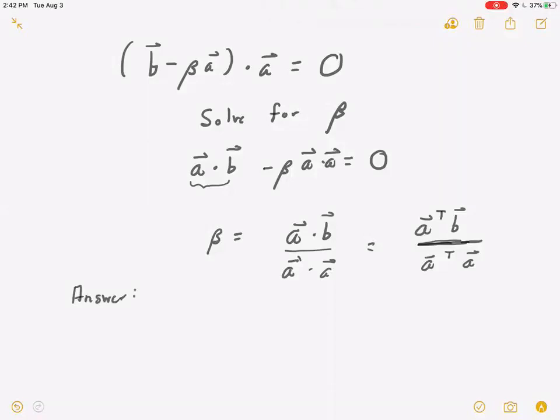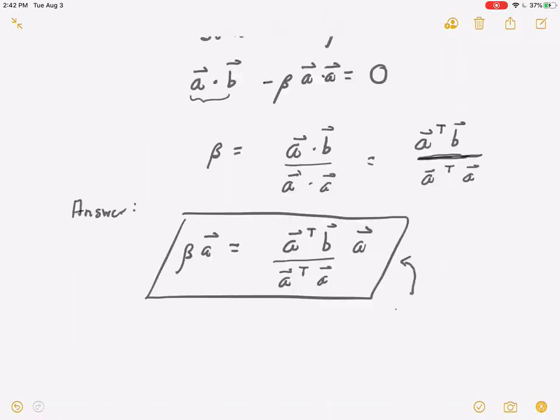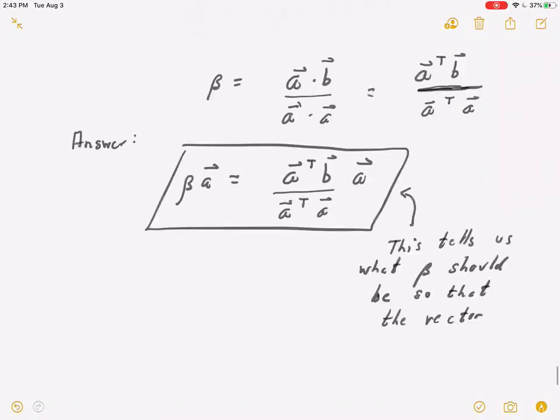My final answer is that beta times A is the transpose of A times B divided by A transpose times A in the denominator, times A. So this expression here tells us what beta should be so that the vector beta A is in fact closest to B.